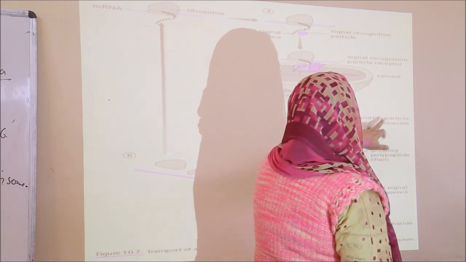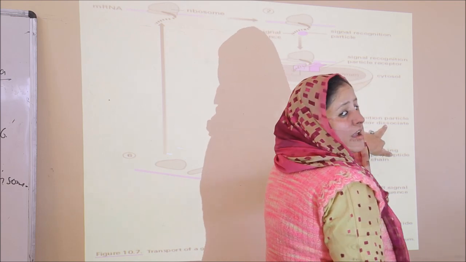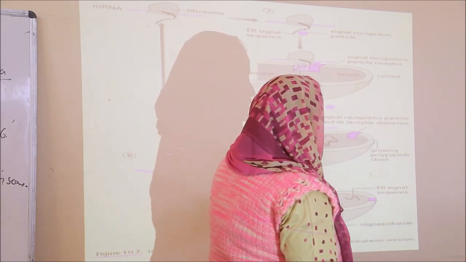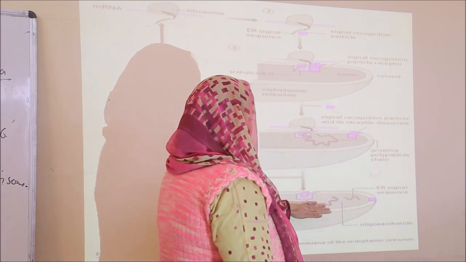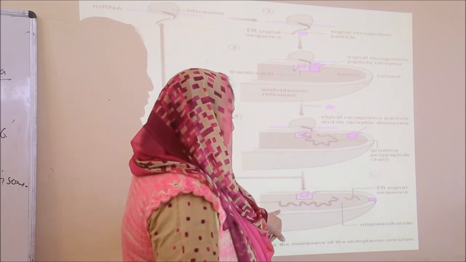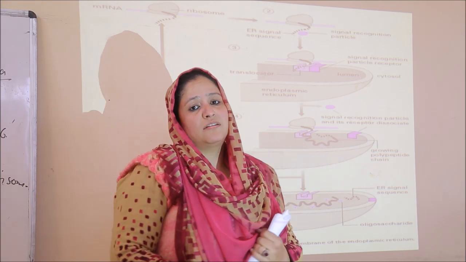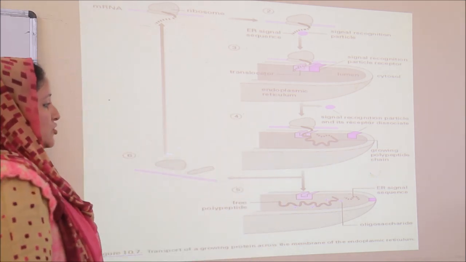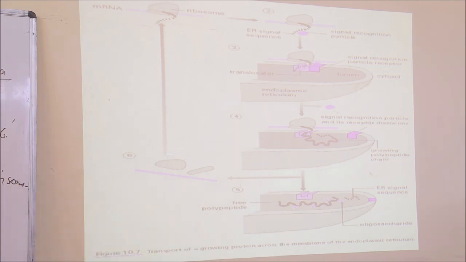Then the signal recognition particle and its receptor get dissociated from the endoplasmic reticulum. Then the growing polypeptide chain is in the lumen of the endoplasmic reticulum. Then via the vesicular transport system, these proteins are transferred to the different organelles.